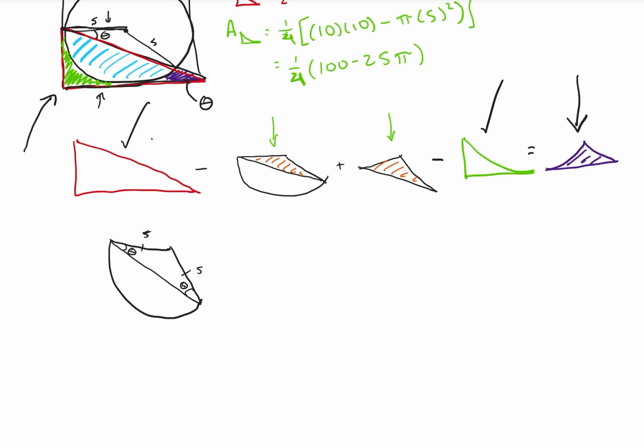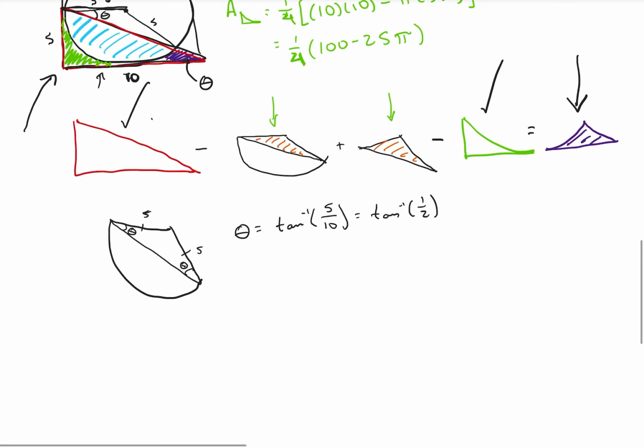So how can I get that angle? Well, I know that this side length is 10, and this side length is 5. So theta is going to be the arctangent of 5 over 10, which is arctangent of 1/2. Okay, so I have an expression for theta. It's not the nicest expression, but it's something.